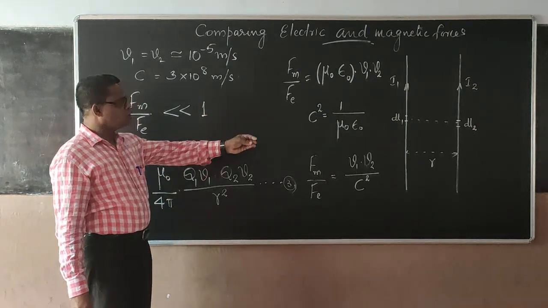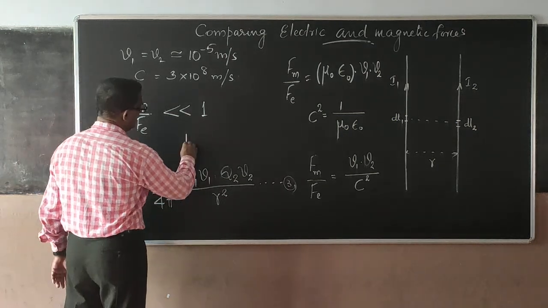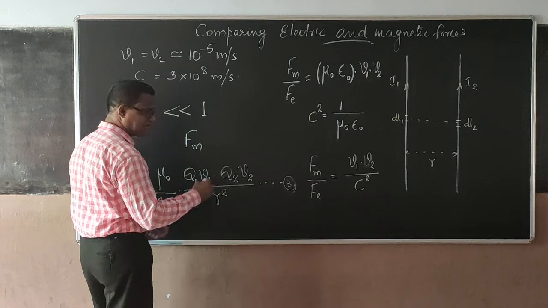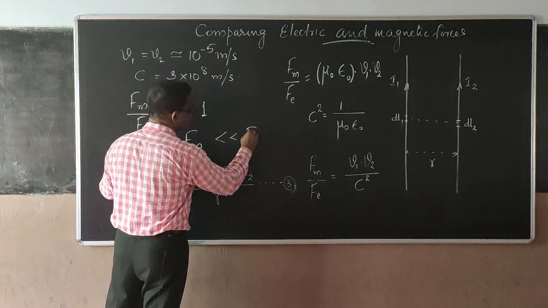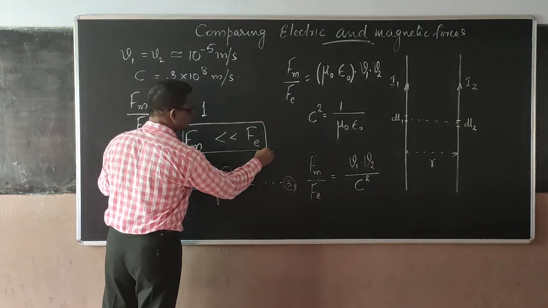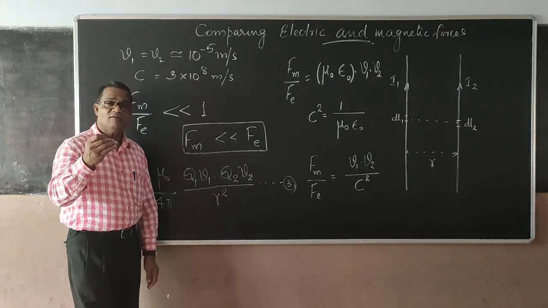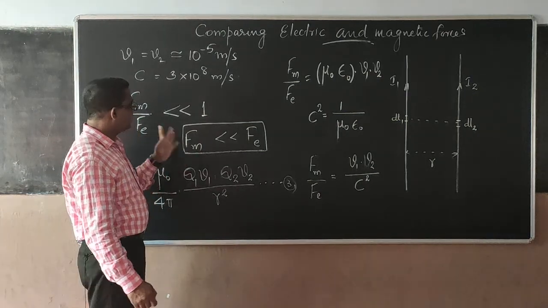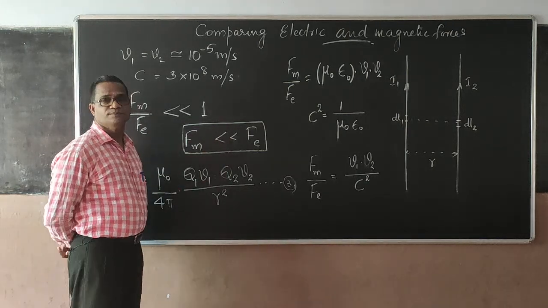That means the force due to magnetism is much less than the force due to electricity, that is, the magnetic force is very, very small compared to the electric force.